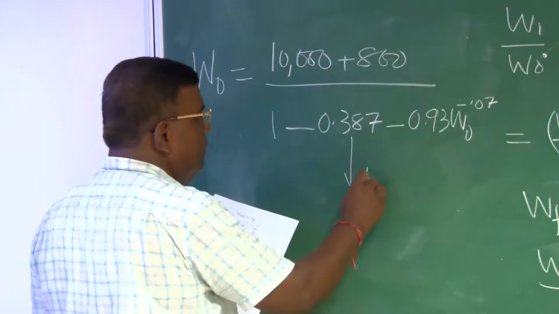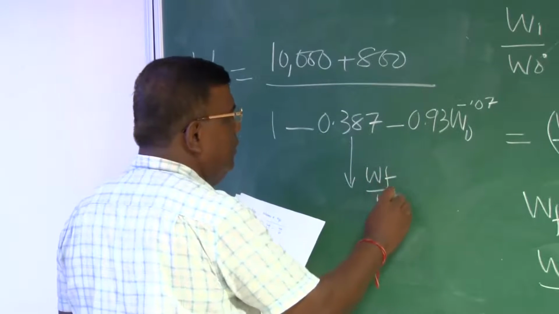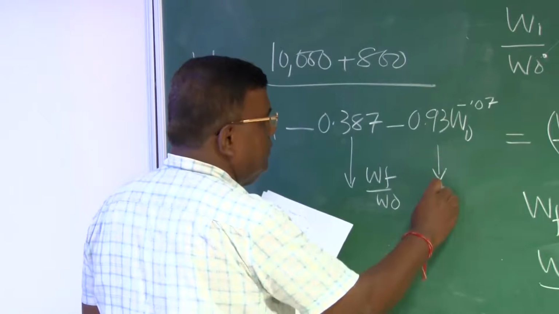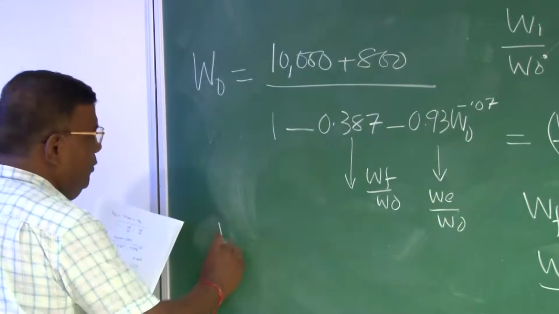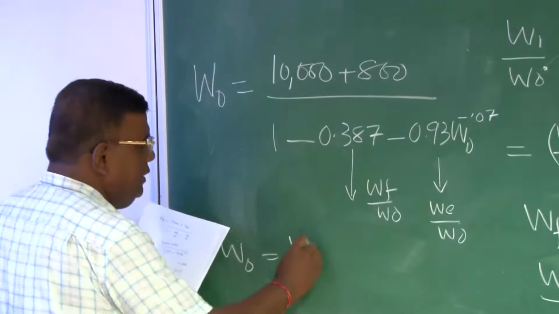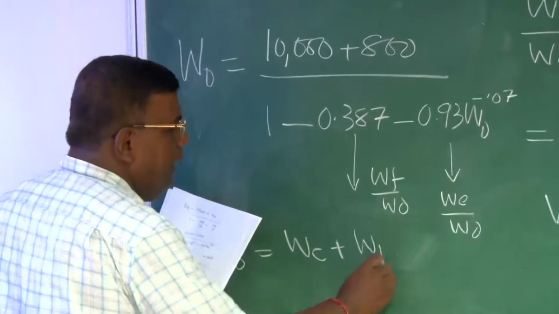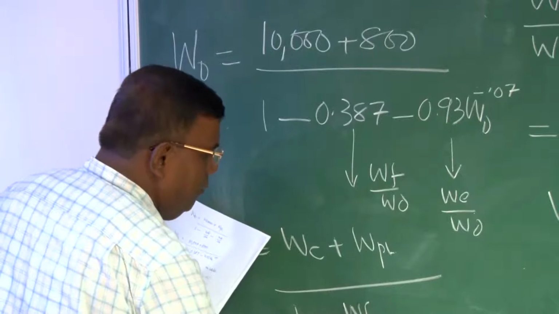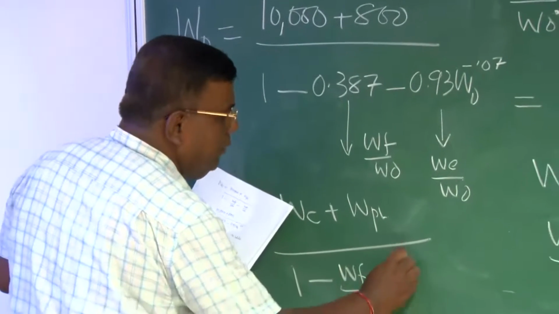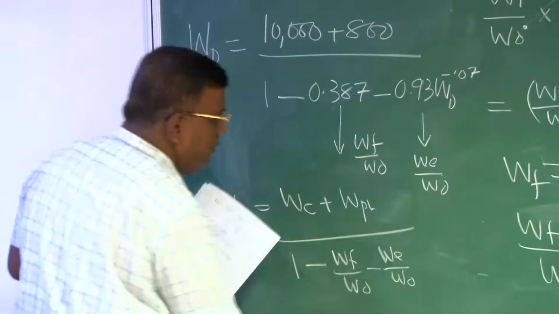This corresponds to WF by W0, and this corresponds to WE by W0, because our expression for W0, we have seen, is W crew plus W payload by 1 minus WF by W0 minus WE by W0.